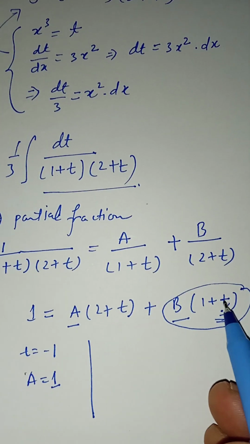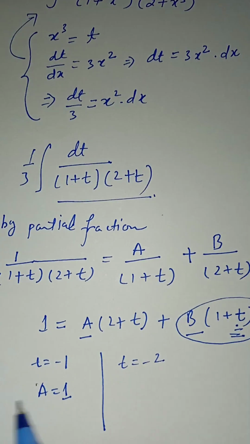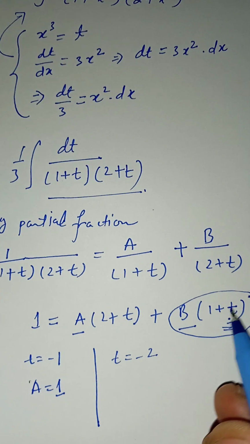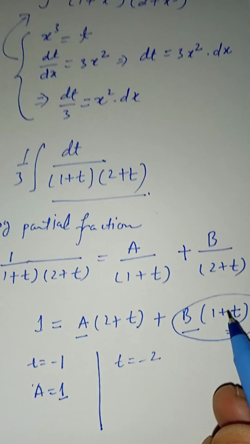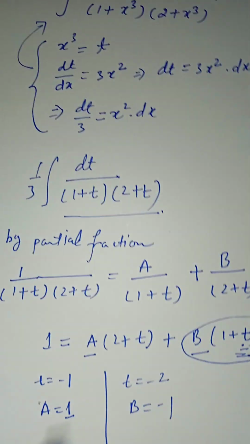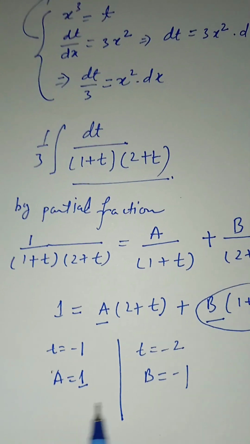So if you put minus 2, 1 minus 2 is again minus 1. So you have the value of b, which is equal to minus 1. Now you can substitute your values of a and b here.